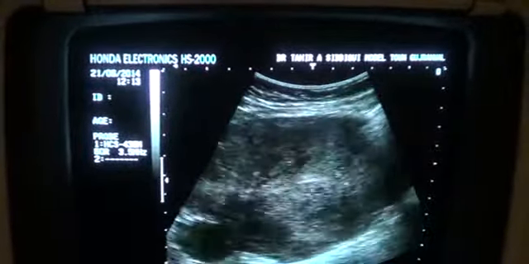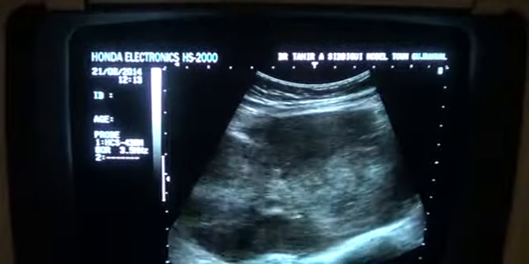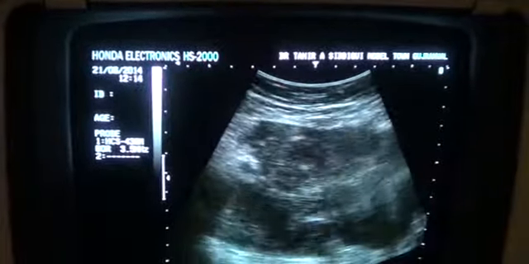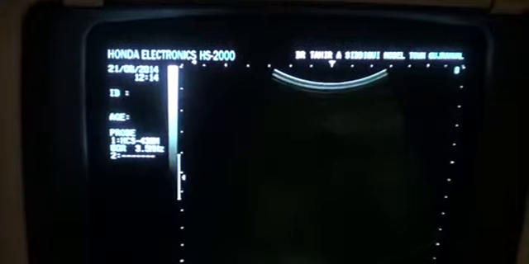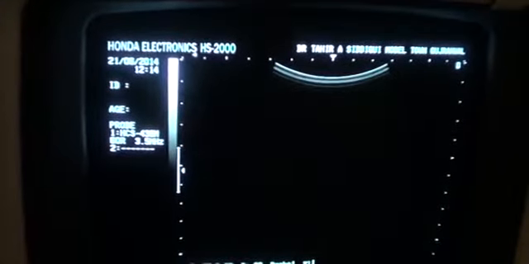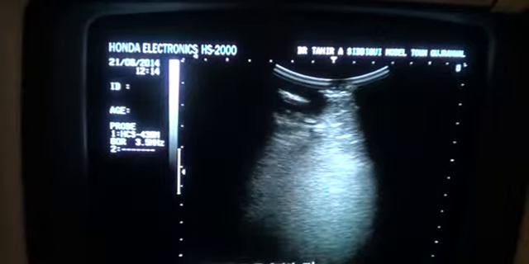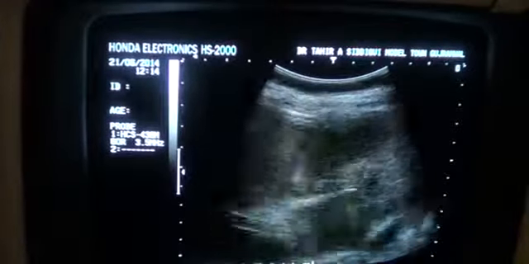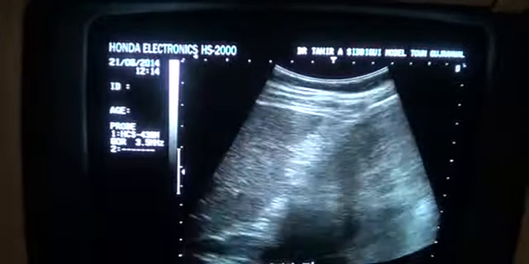See the complex nature of this mass, cystic as well as solid, and we did see fluid in the right paracolic gutter. See, this is the mass.